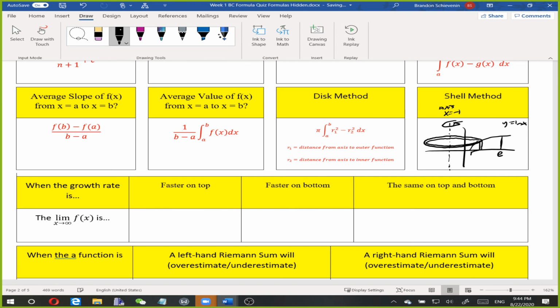So this ends up becoming a cylinder-like shape that is hollow on the inside. So something like this.